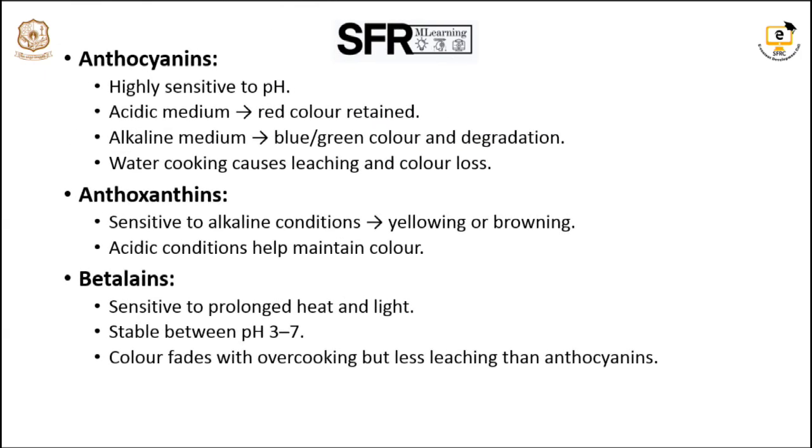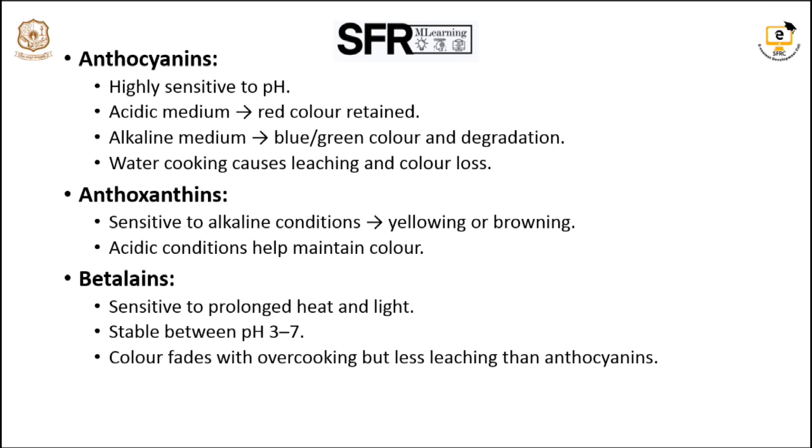And anthocyanins, these are sensitive to pH. So either acidic pH or alkaline pH will cause damage to the anthocyanins. In acidic medium, red color is retained. In alkaline medium, the color changes to blue or green and degradation happens. So water cooking causes leaching and color loss. While cooking with water, the coloring pigments, anthocyanins, present in the fruits and vegetables move out into the water, and thereby the color is lost.